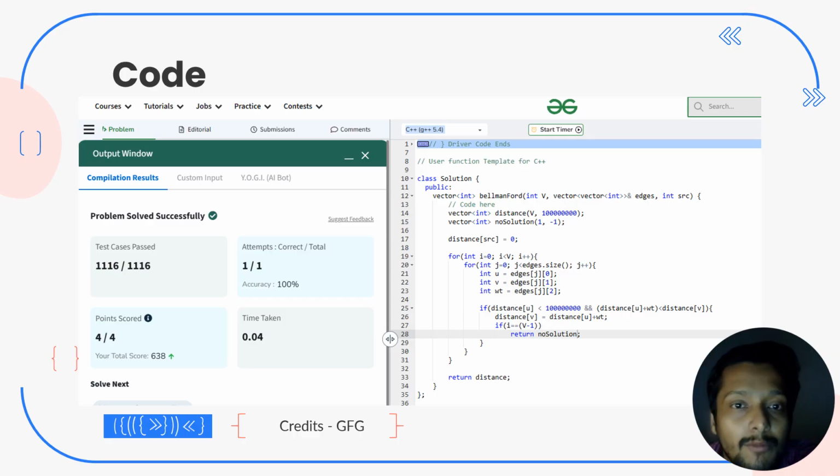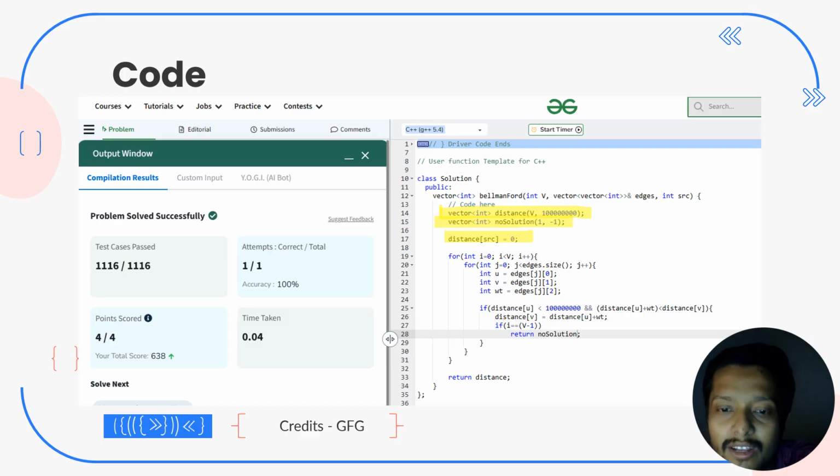This is the same code written in C. I have tested this on GeeksforGeeks, and that's why I have mentioned the credits as well, that this is taken directly from GFG. Again, you can see it's pretty straightforward. Initially you initialize the distance to infinity, and then you initialize the source to 0.